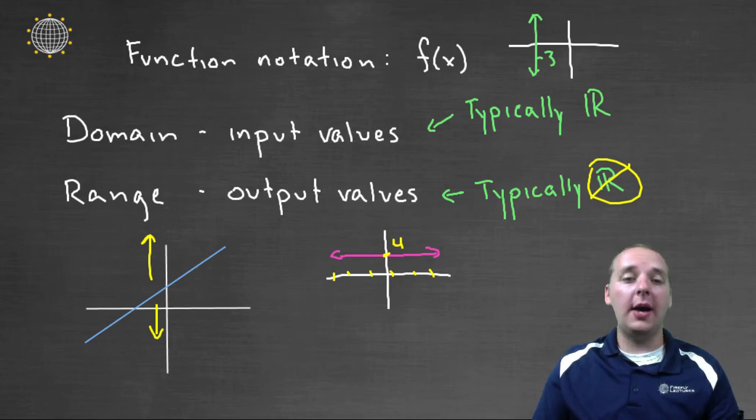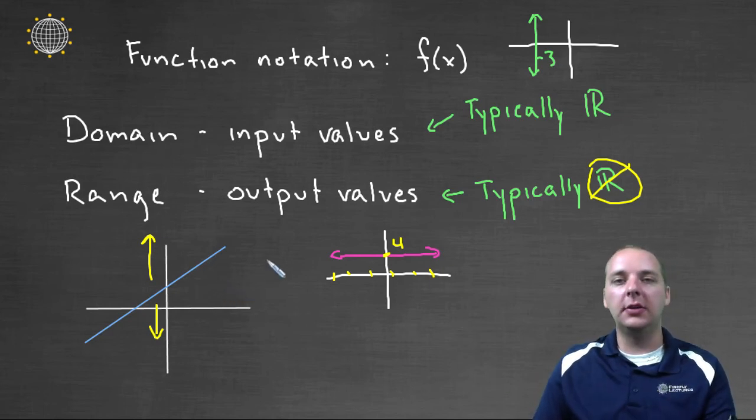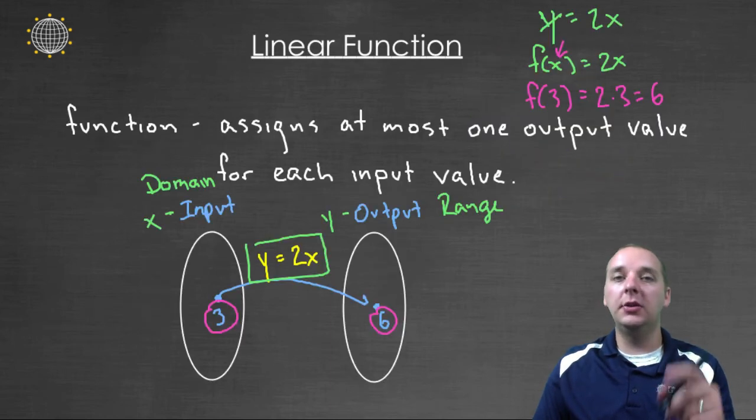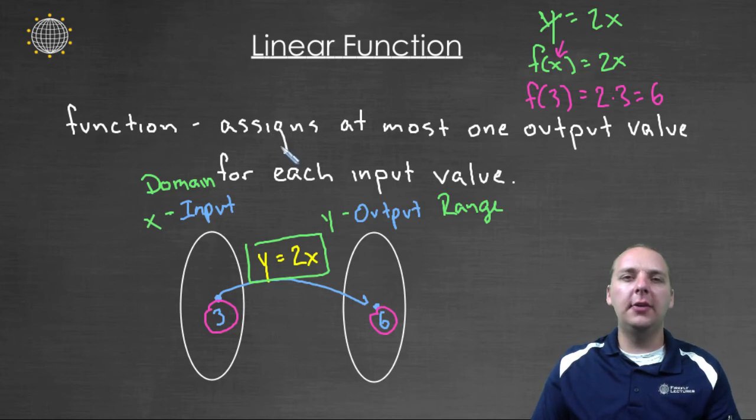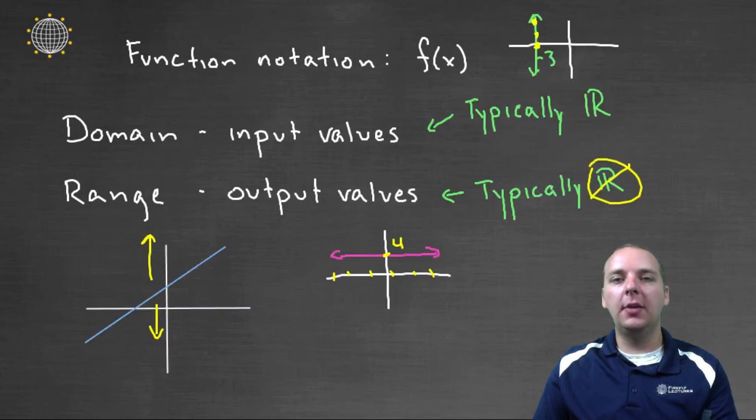Now, why? Because as I said earlier, most lines do represent functions. Why don't vertical lines represent functions? Well, it goes back to a subtle detail that we mentioned earlier. You remember how we said a function has to assign at most one output value for each input value? Vertical lines don't play by those rules. Think about it.